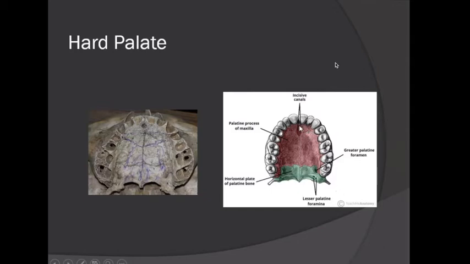But from premolar right up to the molars, this area of the palate is innervated by the greater palatine nerve. Behind that, you can see a small foramen called the lesser palatine foramen, through which the lesser palatine neurovascular bundle comes up, and the lesser palatine nerve innervates the soft palate.